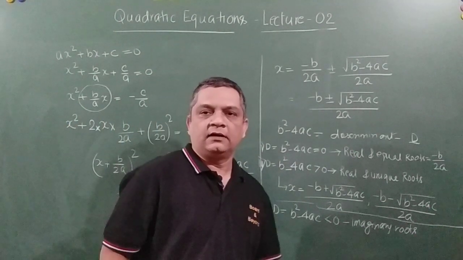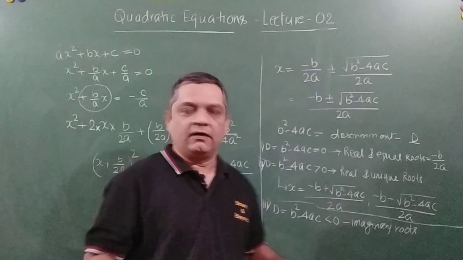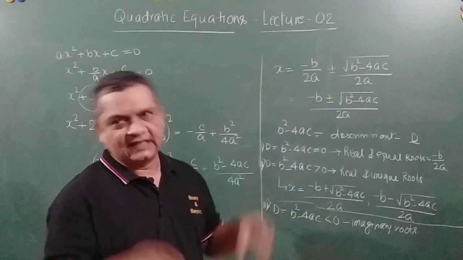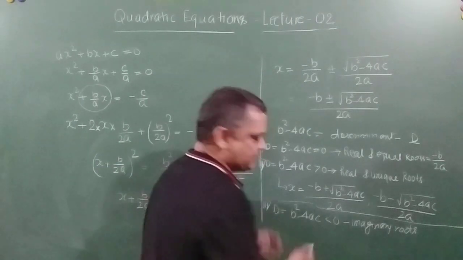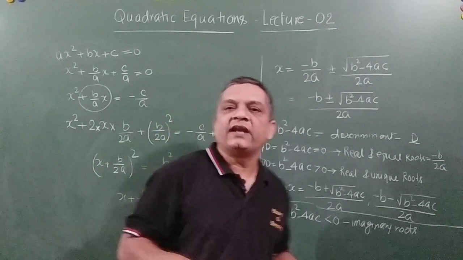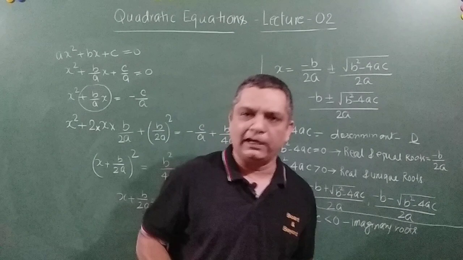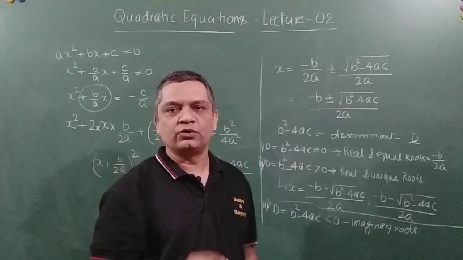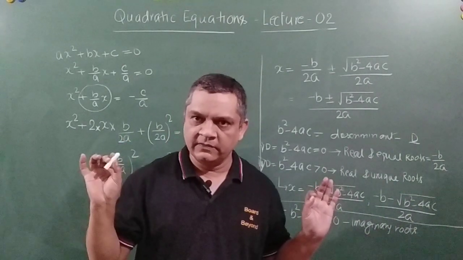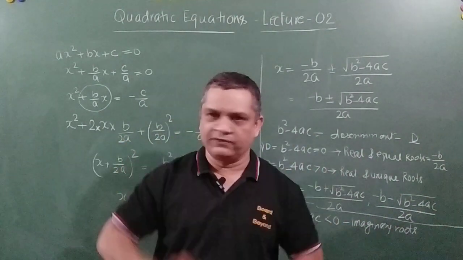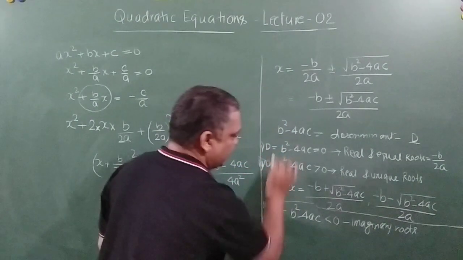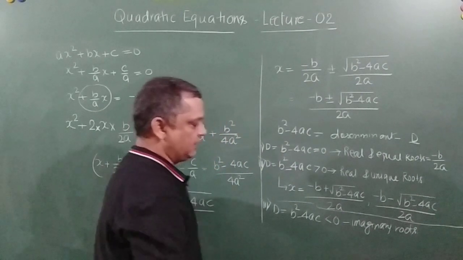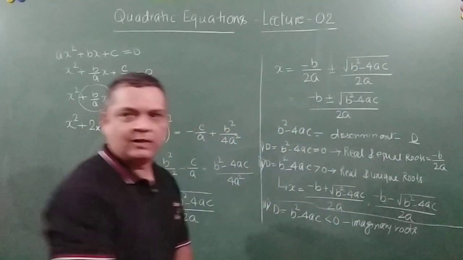And finding out imaginary roots is not in the scope of this 10th standard. Right? So we just say, if we come across a situation where b square minus 4ac is a negative value, then we just say that this quadratic equation has got imaginary roots, that's it, or no real roots. We don't try to find out the roots for that, friends, right? So this is basically real and equal roots and real and unique roots, right? So I hope you have got this concept completely.